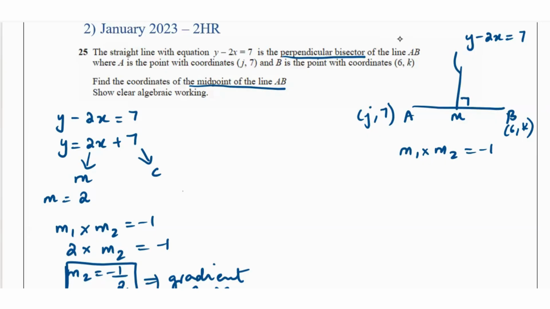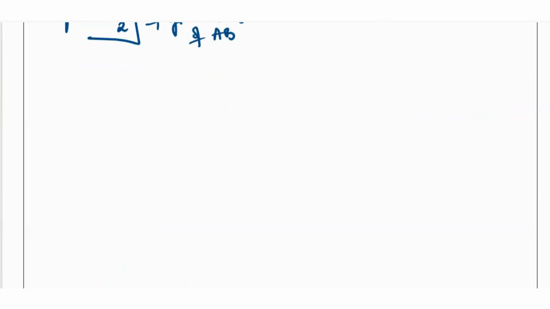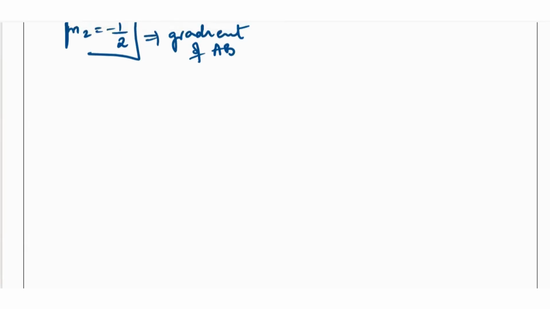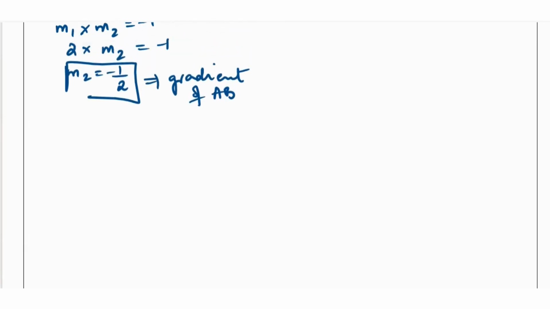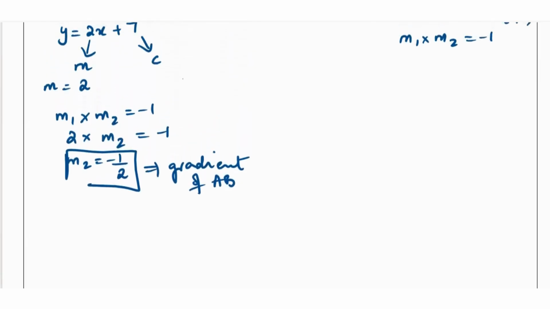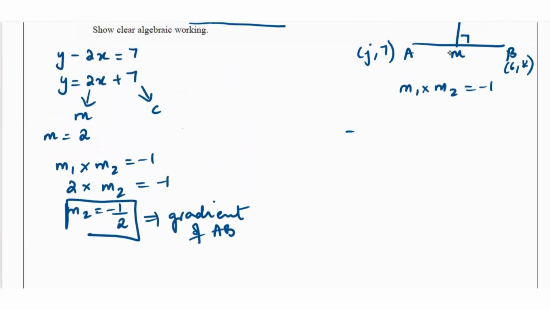And then using that, we can find the midpoint as well. So the negative 1 over 2 would equal (k minus 7) over (6 minus j).